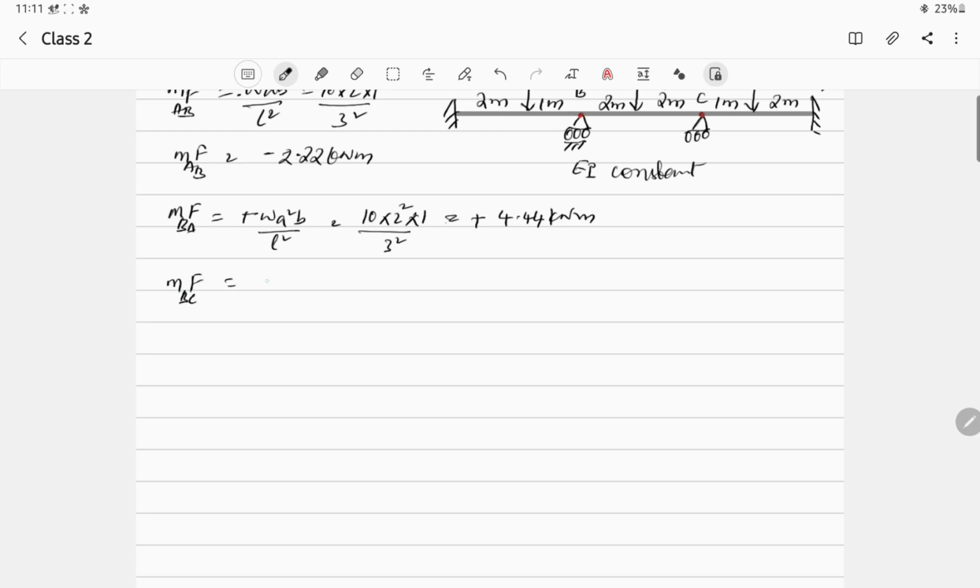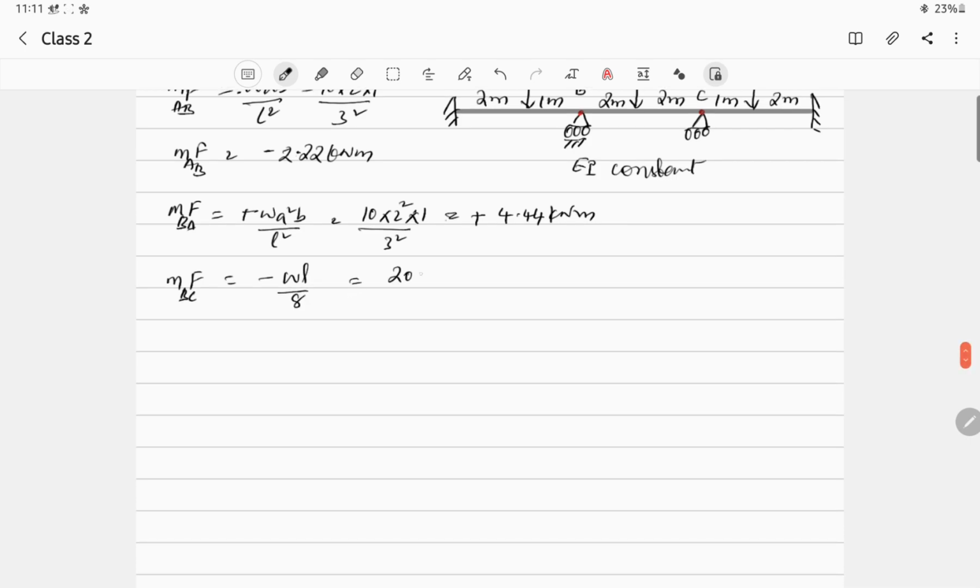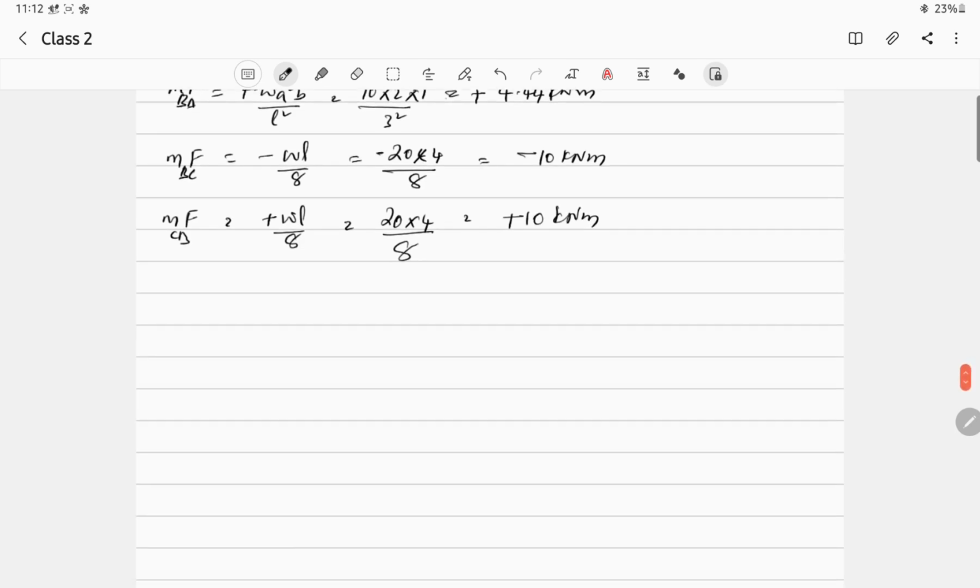Similarly, MFBC is equal to minus WL by 8, which is equal to 20 into 4 divided by 8, equal to minus 10 kilonewton meter. Similarly, MFCB will be equal to plus WL by 8, which is equal to 20 into 4 divided by 8, which is equal to plus 10 kilonewton meter.